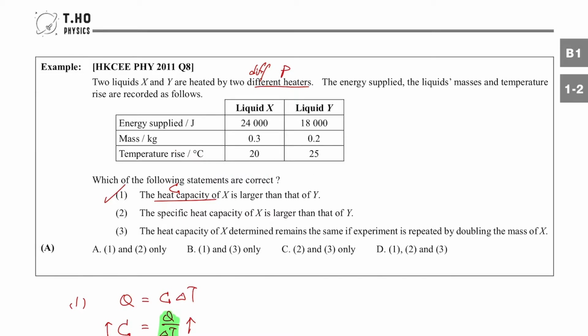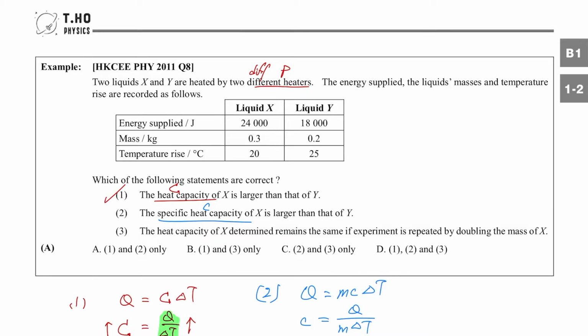Okay, second statement. We talk about the specific heat capacity, small c. When talking about specific heat capacity, we will start with this equation, and let's make specific heat capacity the subject.